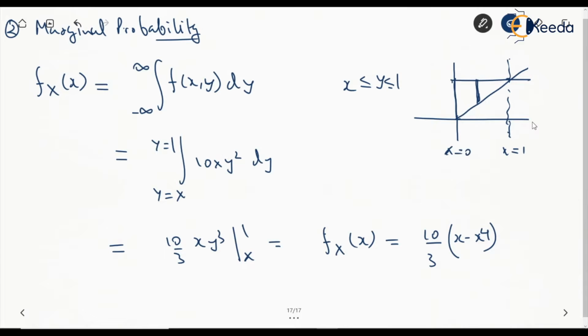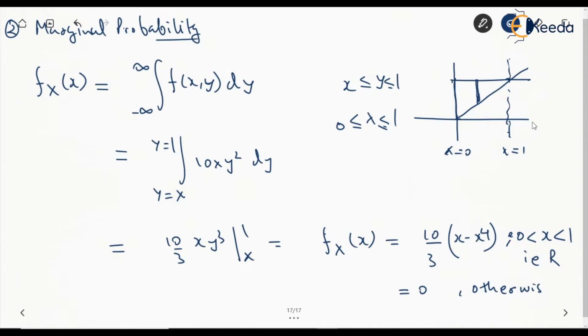So this means the limits for x are going to be between 0 to 1. So this function is defined for the case of 0 less than x less than 1, that is the region R, and it will be 0 otherwise.